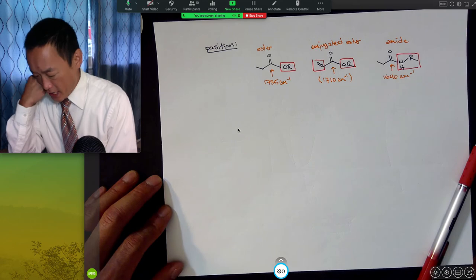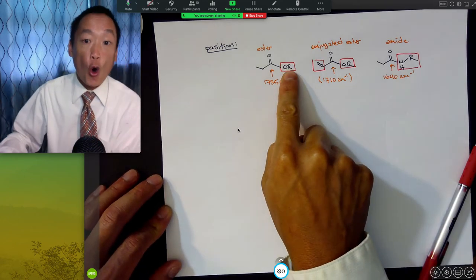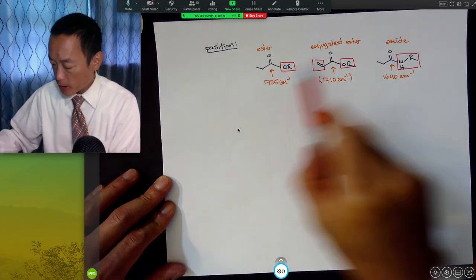So I've got this ester over here with this OR portion, and that's appearing at 1735.